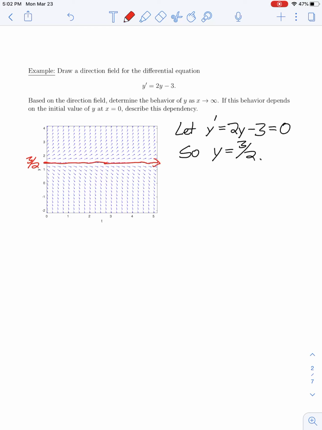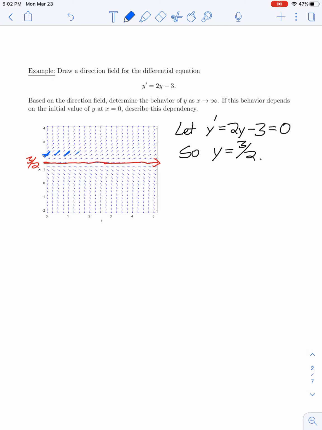Now, once we know where our equilibrium solution or solutions are, we can start choosing other points x, y around this equilibrium solution. If we were to choose some other values for y, maybe if y were equal to 2, then we would have y prime equal to positive 1.